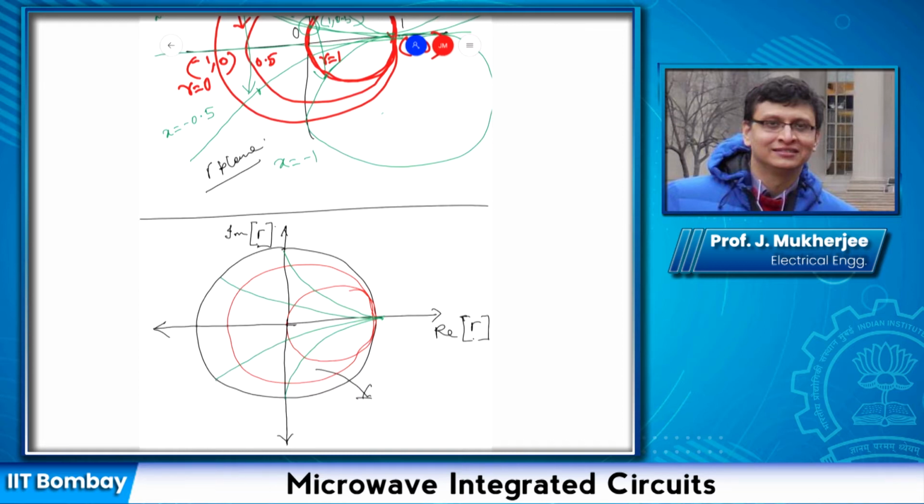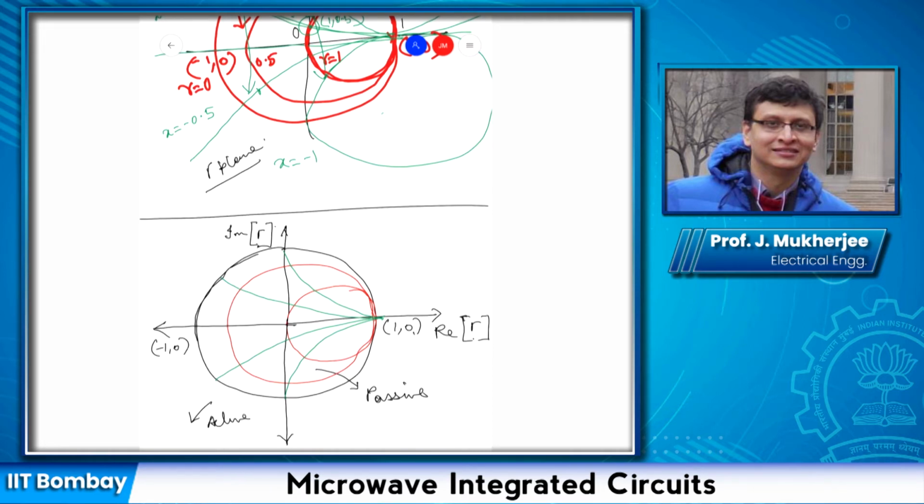So the boundary of this outer circle is the boundary. Again, on the gamma plane, this point corresponds to -1, this point corresponds to 1. So all points within this circle, which I shall be calling the unit circle, correspond to passive impedances, and all points outside this circle correspond to active.